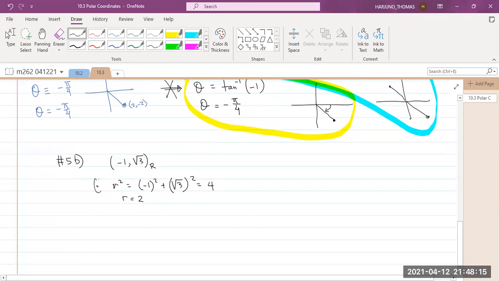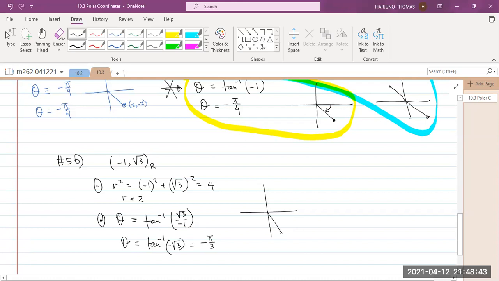But how about the angle theta? Theta is equivalent, not equal to, tangent inverse of radical 3 over negative 1, which is equivalent to tangent inverse of negative radical 3. If you use a calculator, it will give you negative pi over 3.